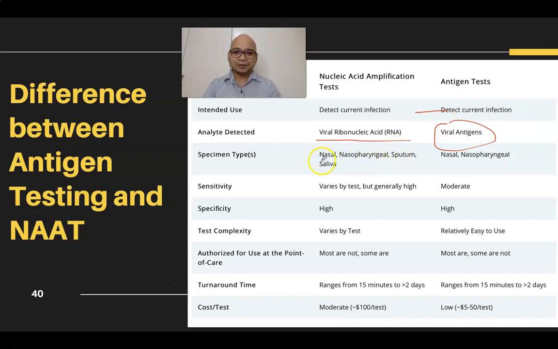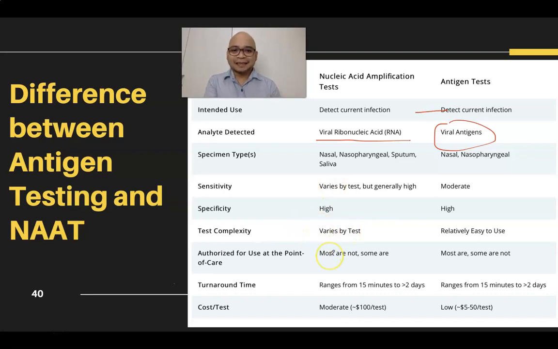Specimen could be nasal, nasopharyngeal swab, or sputum or saliva would be possible for the nucleic acid amplification test. But for the antigen test, it could either be nasal or nasopharyngeal swab. Sensitivity, NAAT of course is more sensitive as compared to antigen testing, but both of them are highly specific. So the complexity of the test, well, it depends.